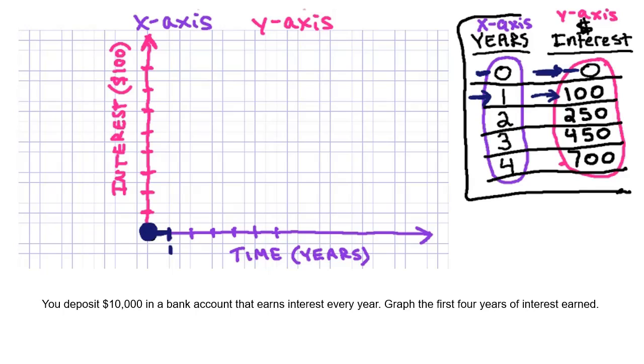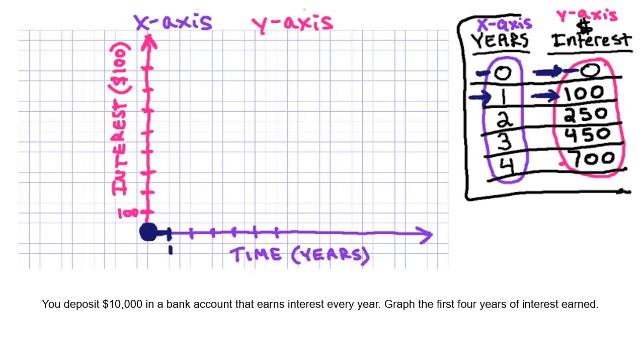So that's going to be 1 year. But we're not going to put our dot there because we still need to go up on the y-axis up to $100. So the first increment on the y-axis is $100.